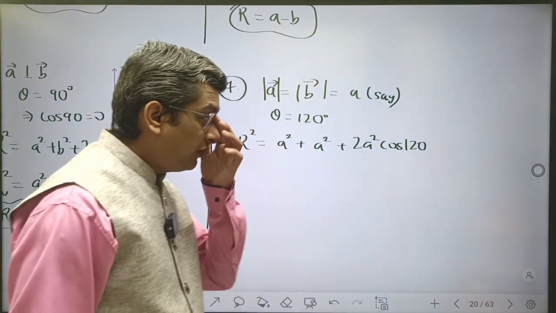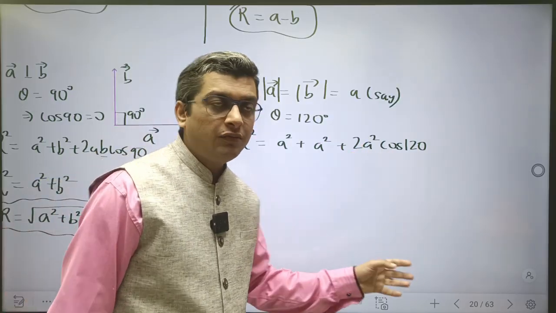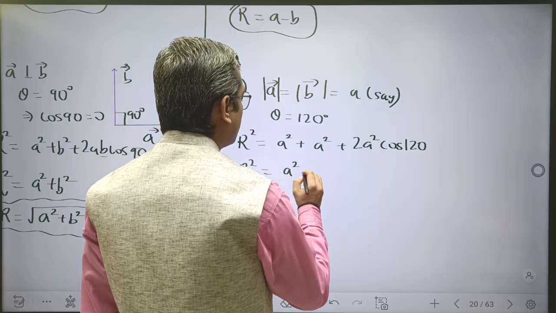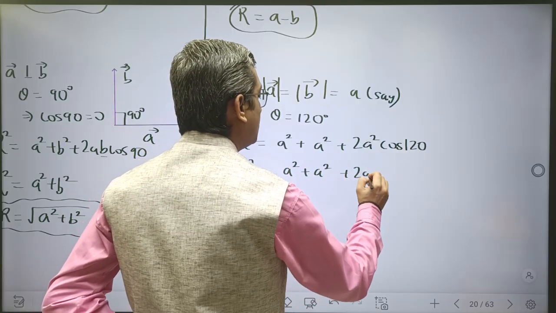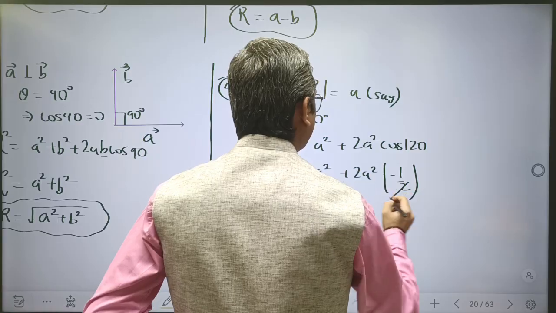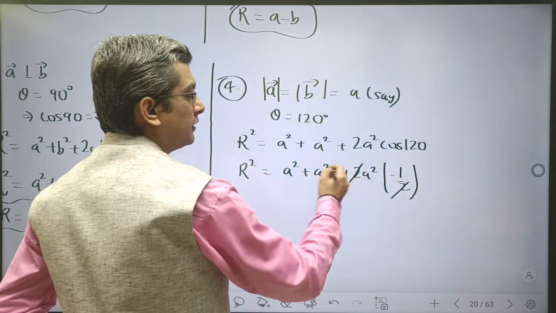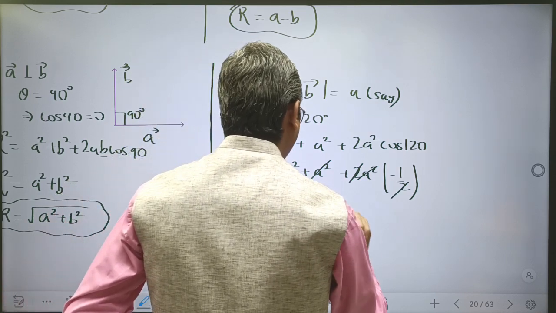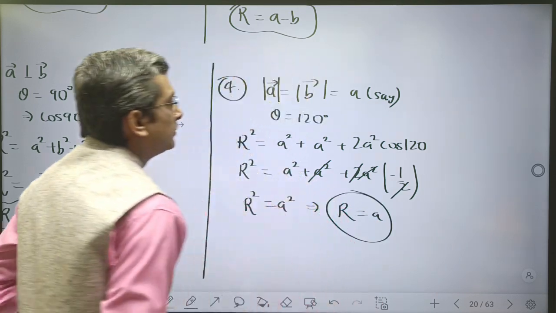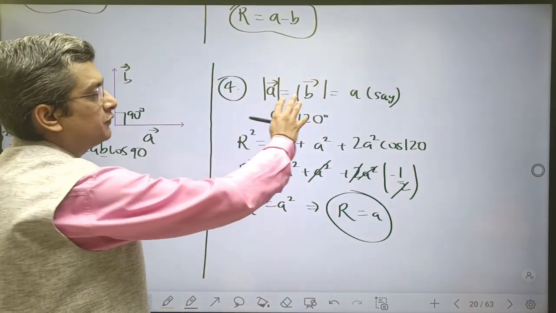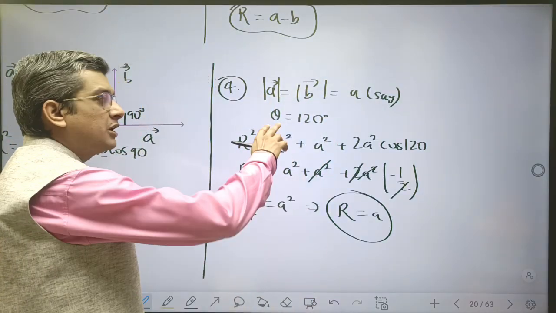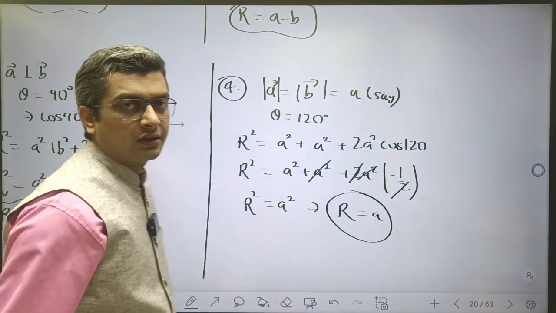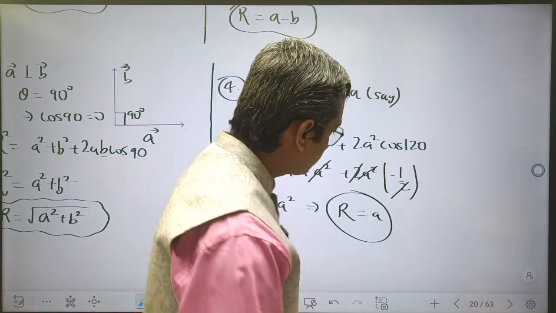As we have learned in trigonometry, the value of cos 120 is minus 1 by 2. So a square plus 2a square times minus 1 by 2, the 2 gets cancelled, and then minus a square cancels. So r square is equal to a square, which implies that r is equal to a. So this is a very special case where the magnitude of each vector is equal to a, the angle between them is 120 degrees, and the magnitude of the resultant is also equal to a.